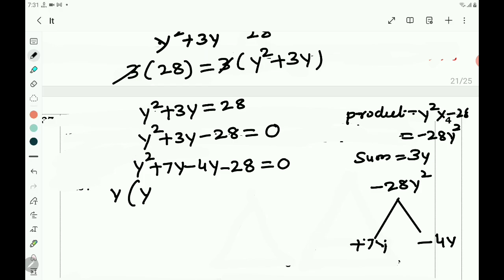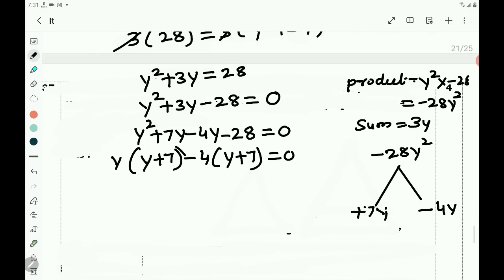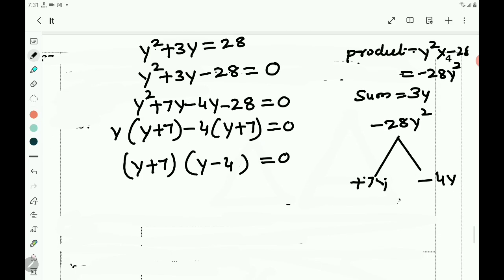Y into y plus 7 minus 4 into y plus 7 equals 0. Then the common factor y plus 7, write that in the first bracket. Then what is remaining here? Y. And what is remaining here? Minus 4 equals 0.